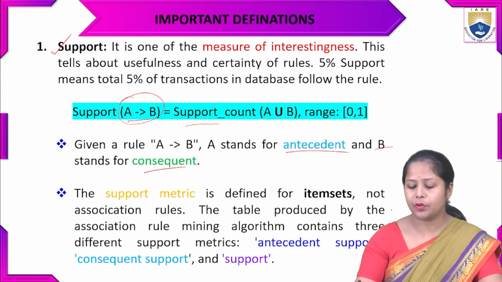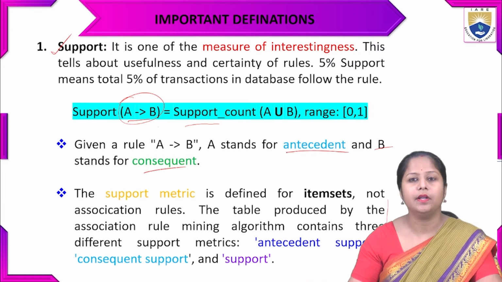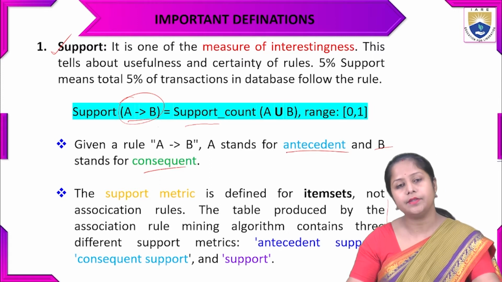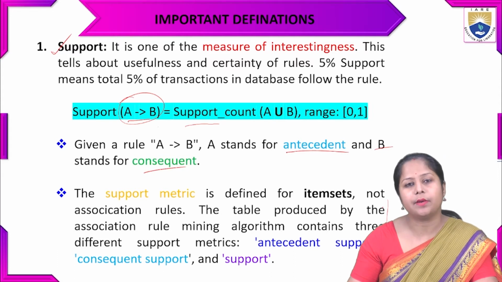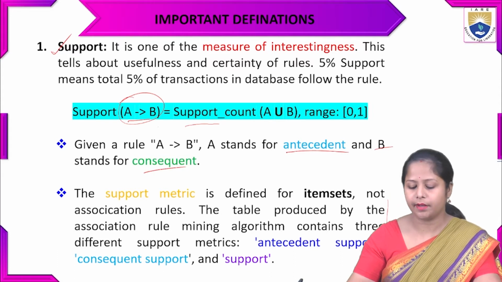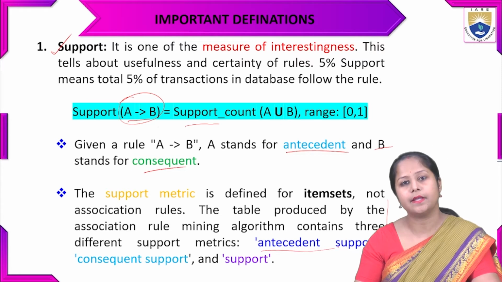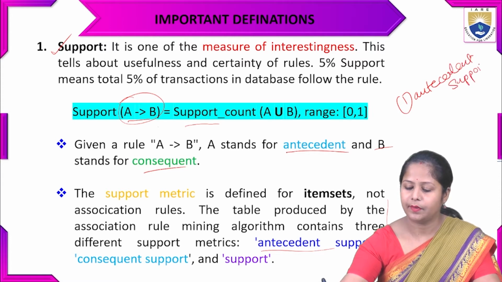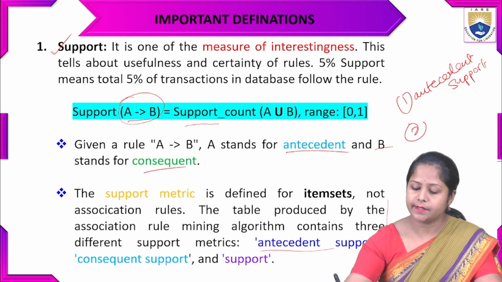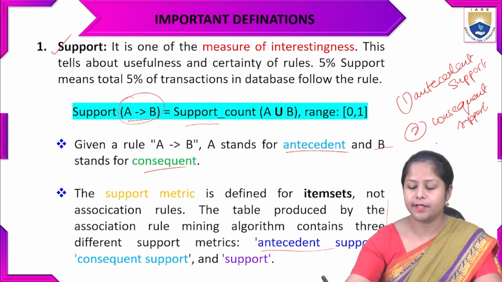The table produced by the association rule mining algorithm contains three different support metrics. The first is antecedent support, the second is consequent support, and the third is simply support.